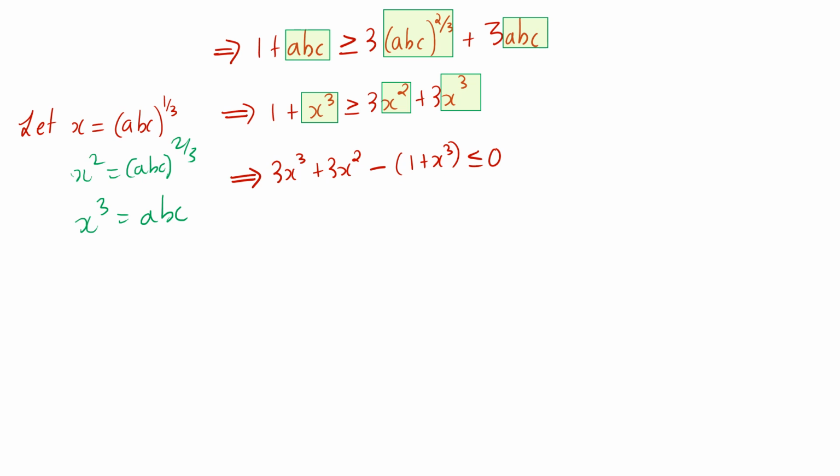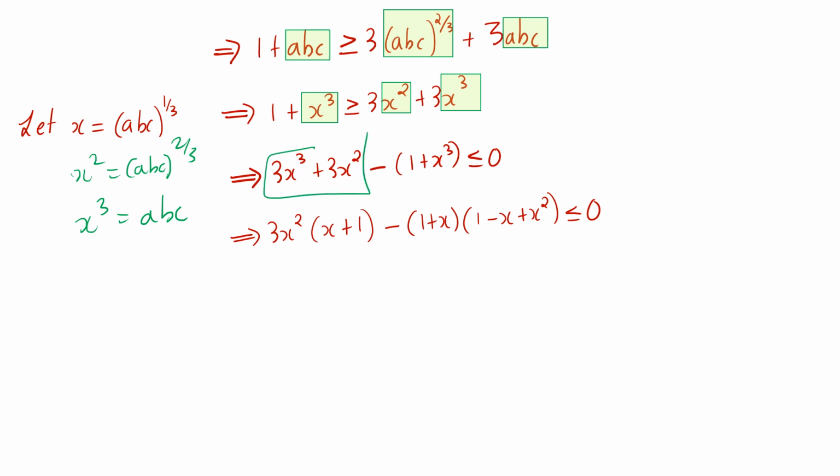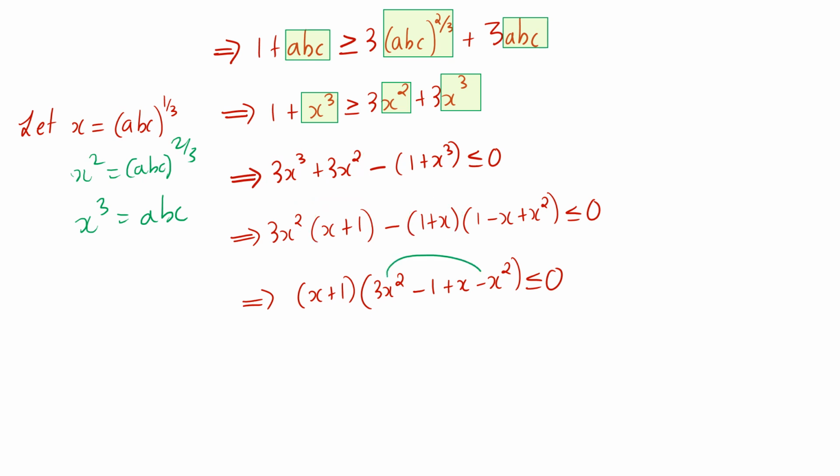Let's transpose terms, subtract 1 plus x cubed on both the sides of this inequality. We can factor out 3x squared from these two terms, and now we can factor out x plus 1 from these two terms, right? Now 3x squared minus x squared is 2x squared.